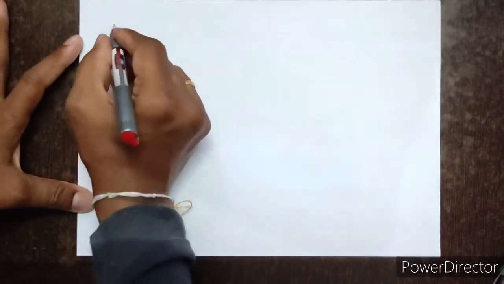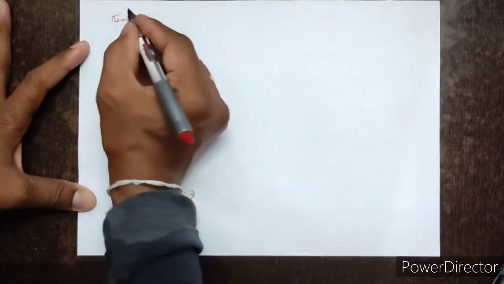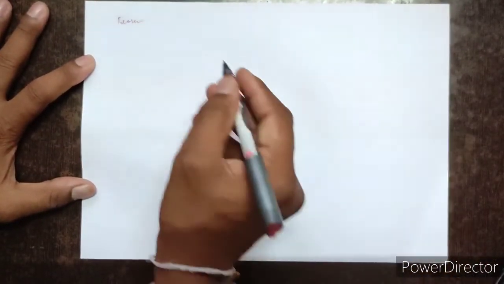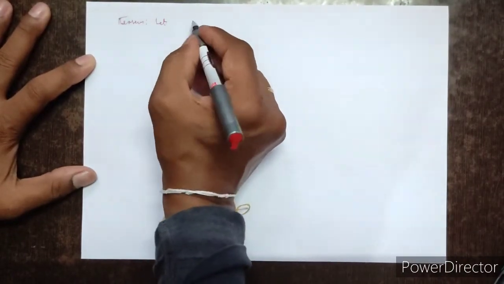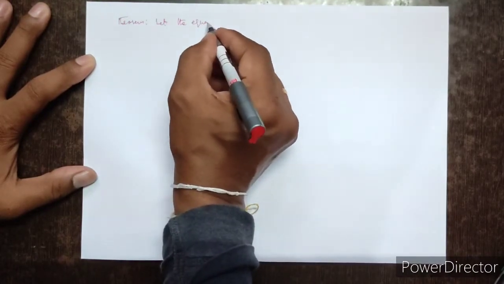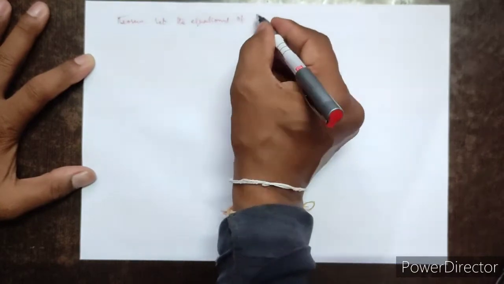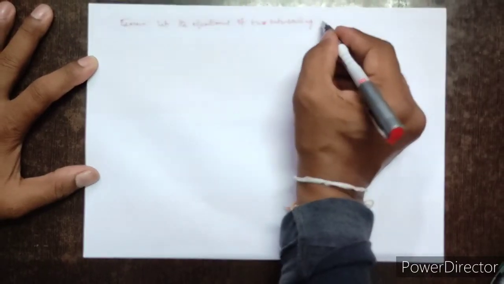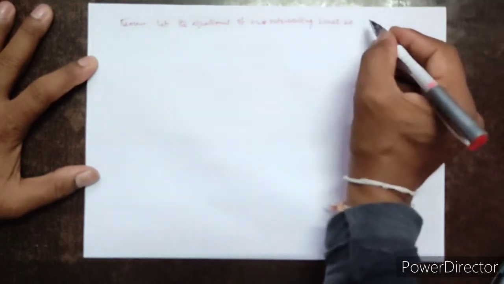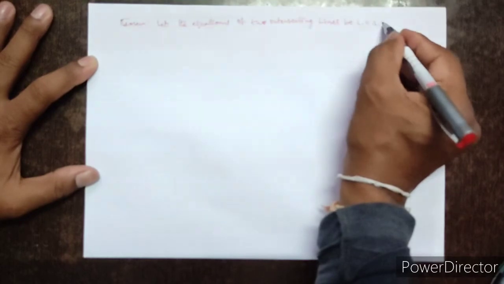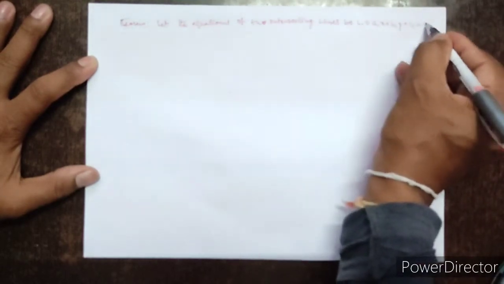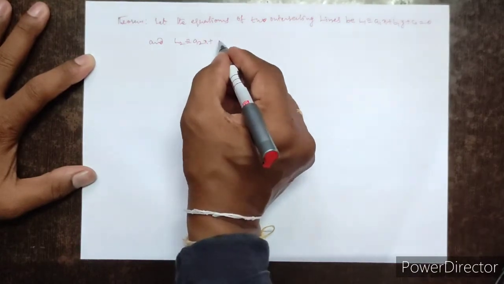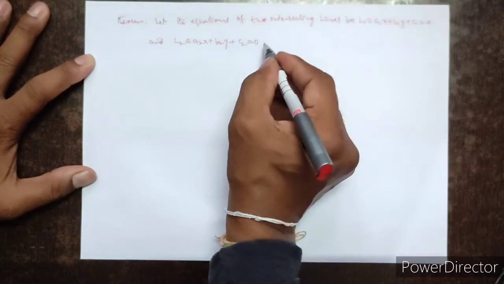Theorem. Let the equations of two intersecting lines be L1: a1x plus b1y plus c1 equal to 0 and L2: a2x plus b2y plus c2 equal to 0.